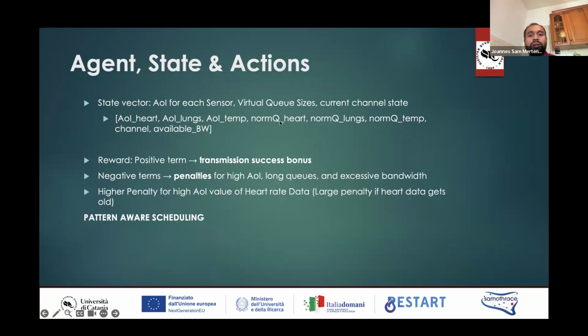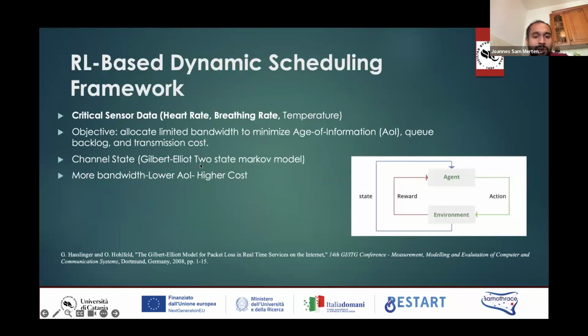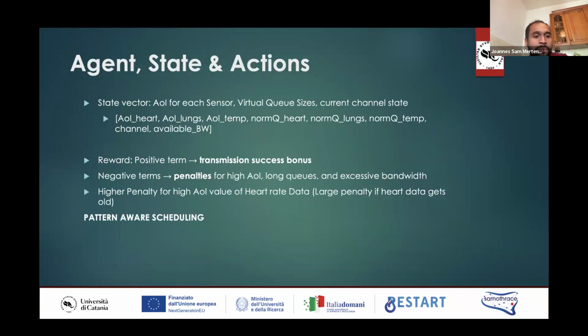That is the queue length of the heart sensor data. And how many values of the lungs sensor data are waiting in the queue? We are also considering the queue length, the available bandwidth, and the channel state, whether at the moment the channel is in the good state or the bad state, because the Gilbert-Elliott model gives the transition probabilities from good state to bad state.